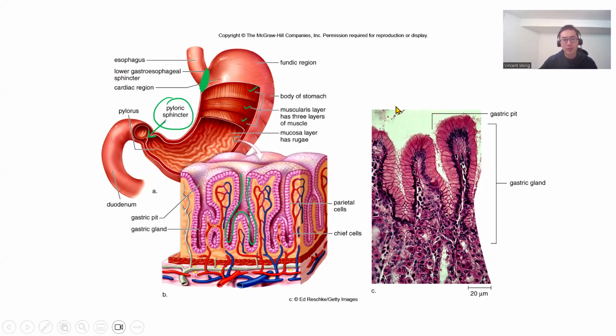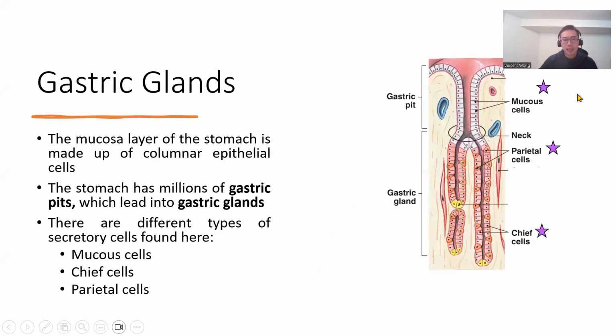Let me go through this with you. Over here, there is one of these grooves. The top part is called the gastric pit, and that's where you have the mucus cells. As the name implies, the mucus cells secrete mucus. And further down, deeper, we have the gastric glands.